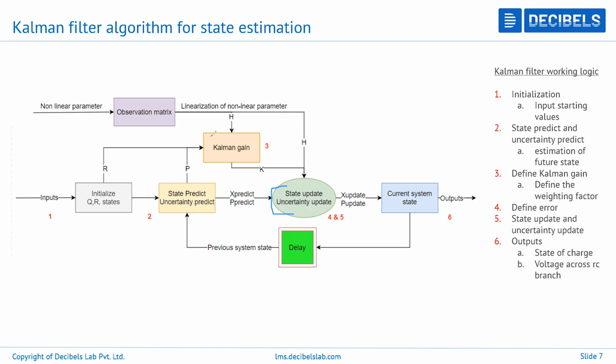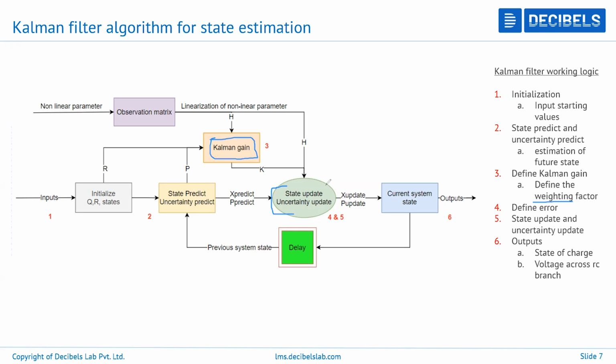Okay. Along with this, we also have to estimate something called the Kalman gain, which can very simply be defined as a weighting factor. A weighting factor is basically a preference, whether you want more preference towards the predicted value or towards the measured value. So if you have this Kalman gain, along with that simultaneously you have the state update.